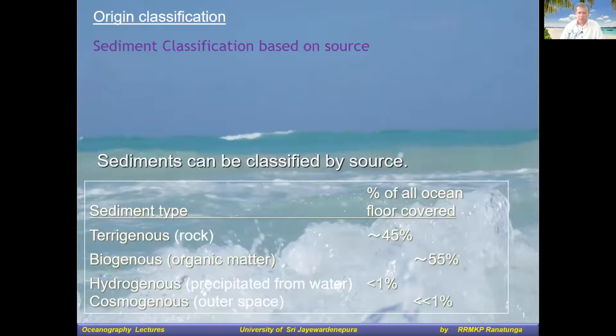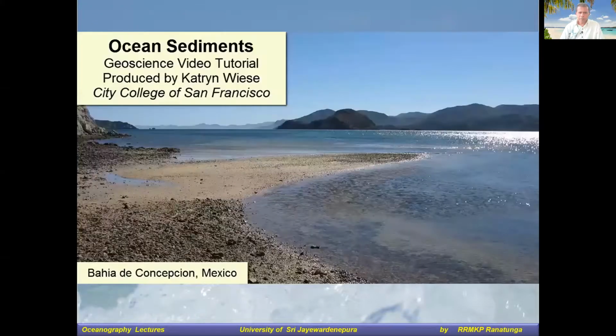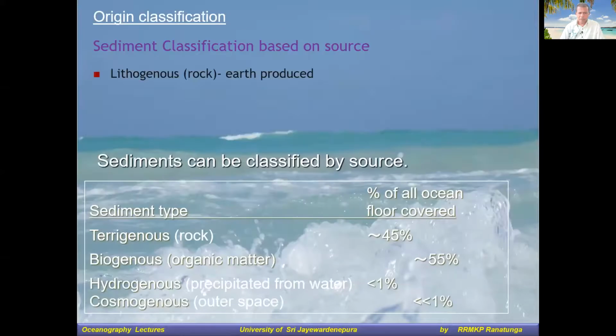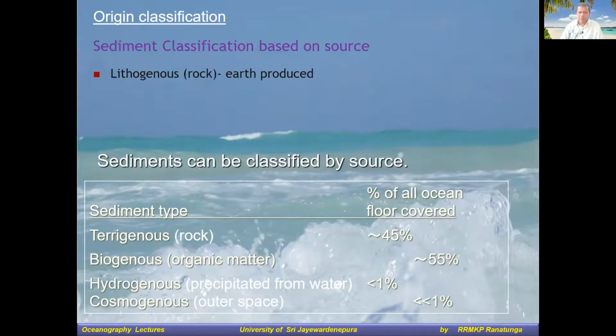But I'll very briefly go through the types of sediments as well as the other methods. As the video discussed, basically there are 4 different types of sediments: lithogenous, or any sediments that form from the rocks.